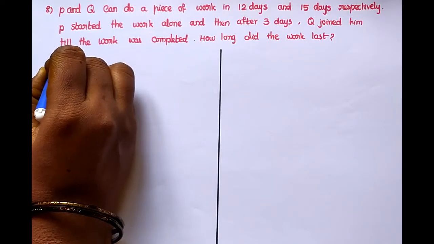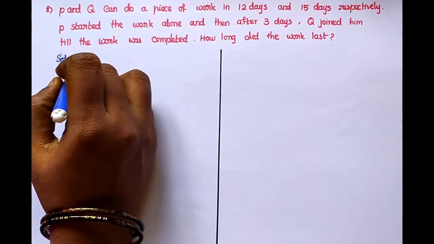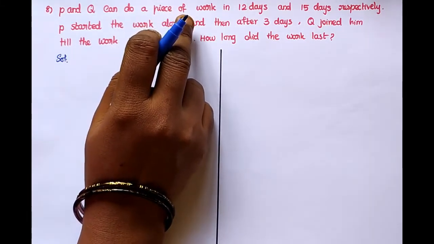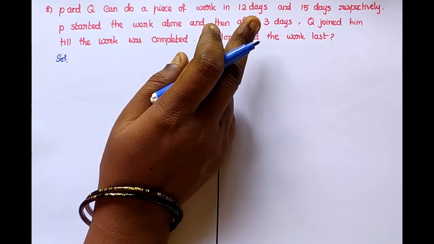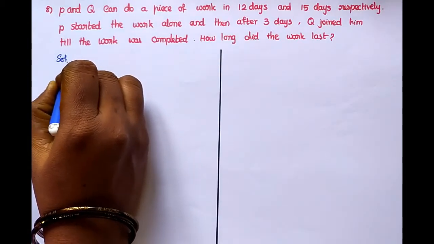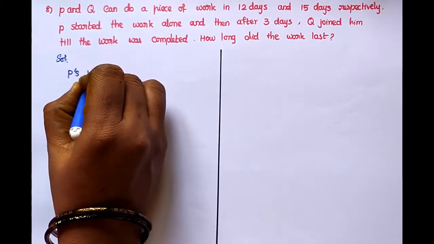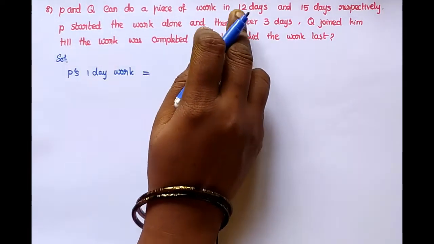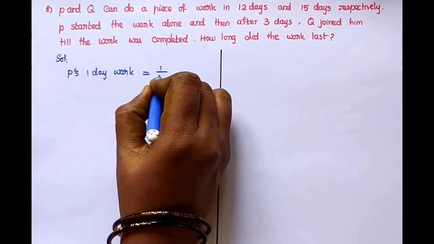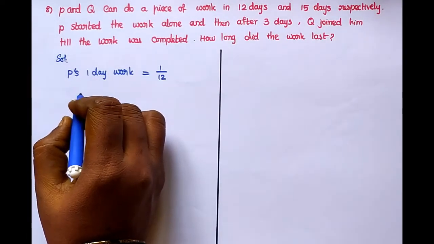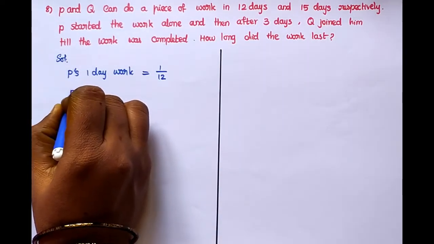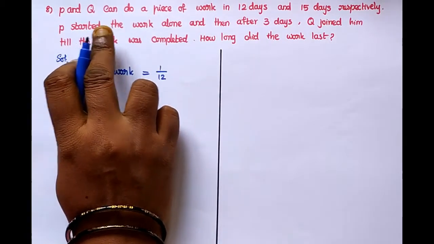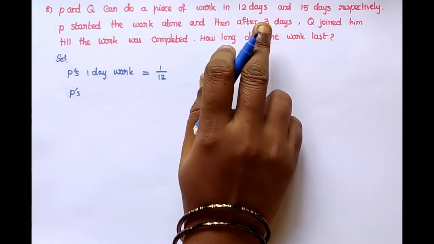Listen. P and Q can do the piece of work in 12 days and 15 days. So P's 1 day work is 1 by 12. And how many days did P work alone? That is 3 days.